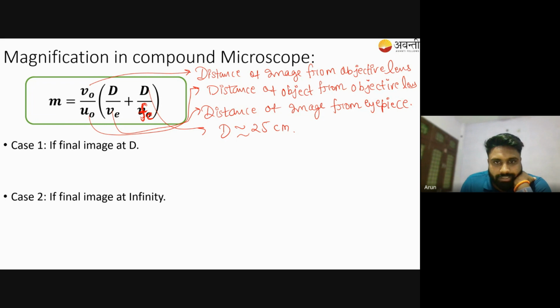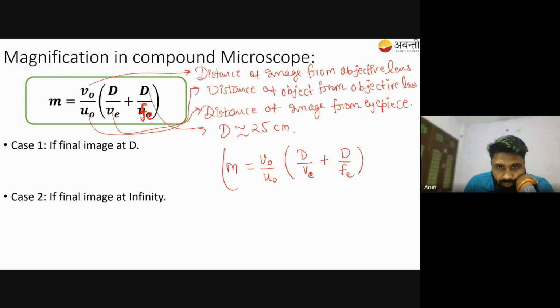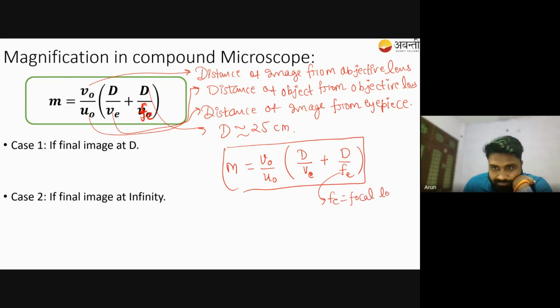So the new formula here is M is equal to VO upon UO into D upon VE plus D upon FE, where FE is the focal length of the eyepiece. So not this formula.